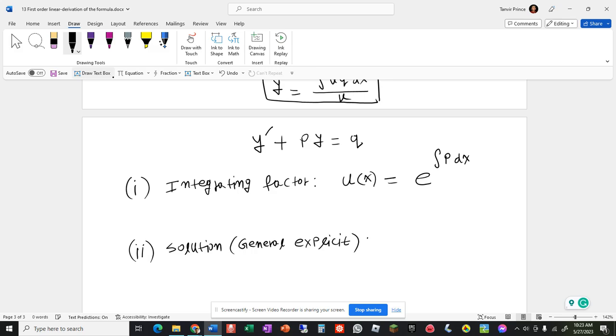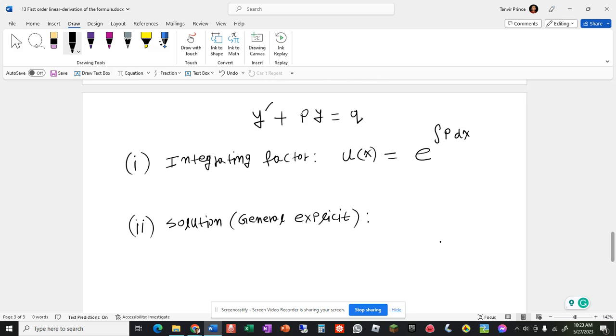The y is going to be solved in terms of x, and the formula is y equals something over something. What goes on the top is the integral of u times q. So you multiply the right hand side by u, and you take the integral of that and divide it by u.